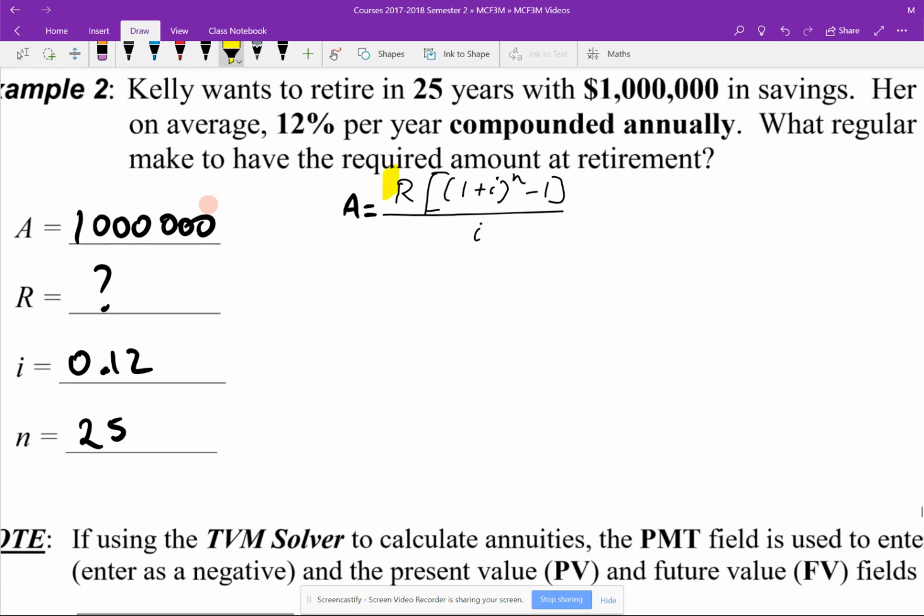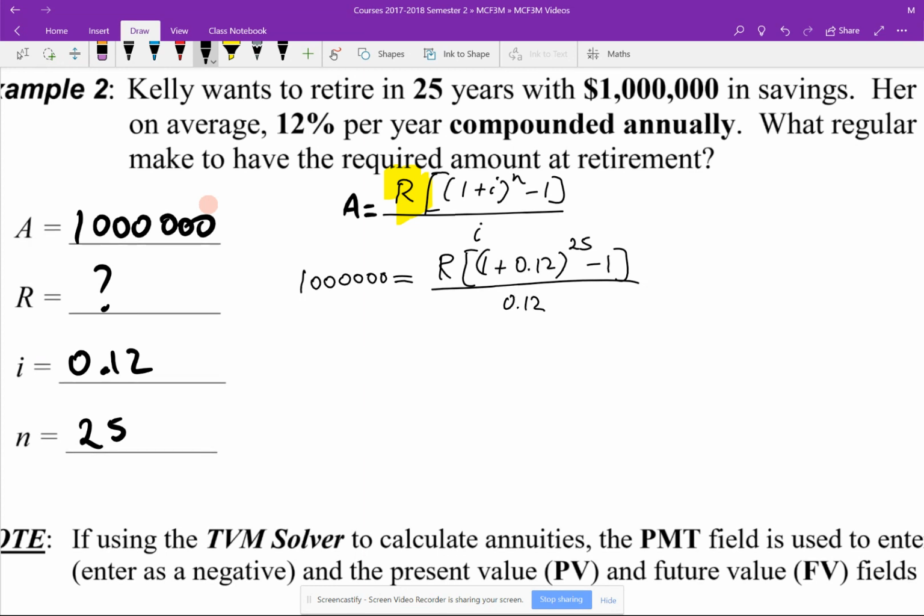What I'm looking for is R, so I have to rearrange the formula so I can get R. Let's plug in the values that we do know. 1 million for my A value equals R times [(1 plus 0.12)^25 minus 1], divided by 0.12. Round brackets, don't forget those.